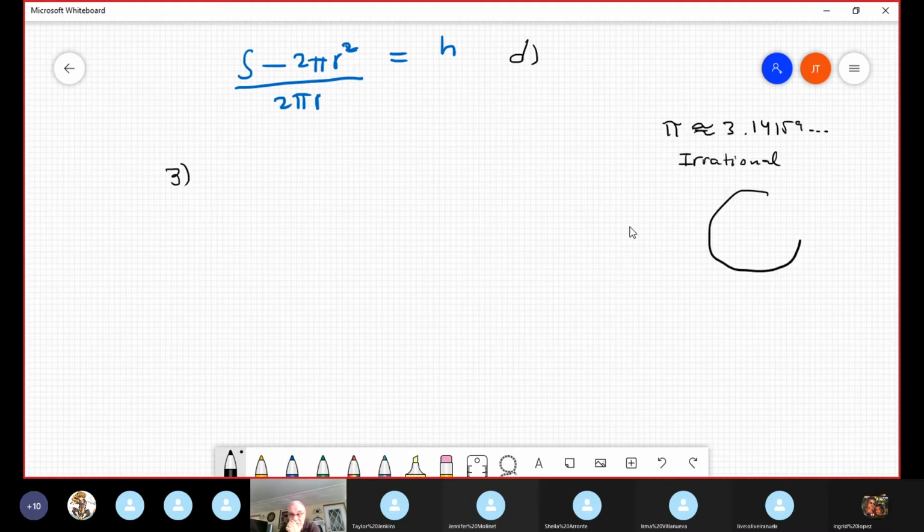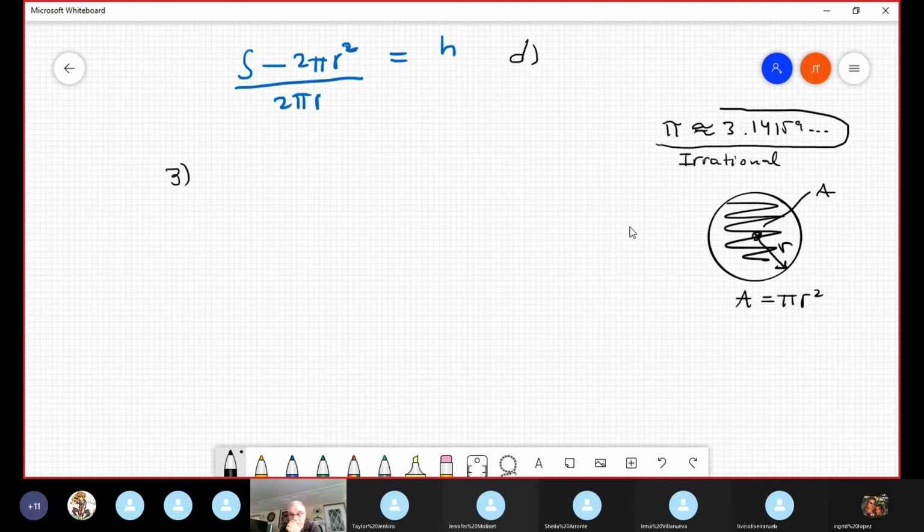In the circle, if you want to find the area of the circle, the formula is pi r squared, and r represents the radius of the circle. This is the most important mathematical constant, an irrational number. But you consider it just pi, that's it.